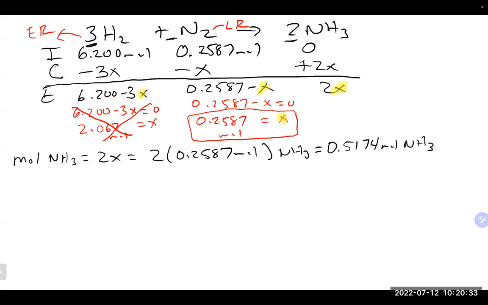And if we want the grams, we could use the molar mass now of NH3, which is 14.01 plus 3 times 1, basically. It's about 17.03.